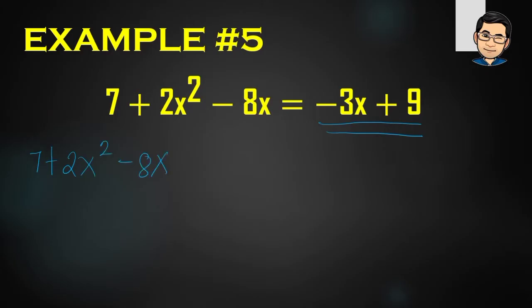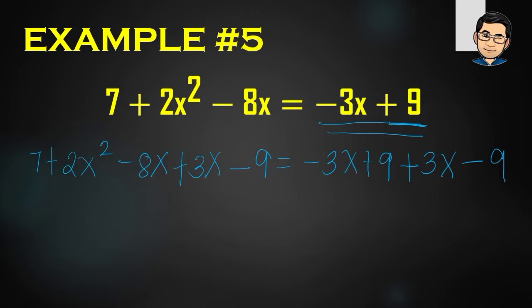So, dahil negative 3x siya, para matanggal, we need to add 3x. So, that is plus 3x. And then, itong positive 9 na to, minus 9 dapat. Equals negative 3x plus 9 plus 3x minus 9. Now, combine like terms.